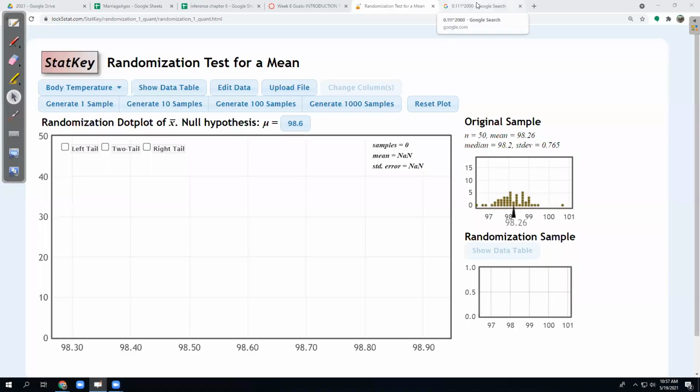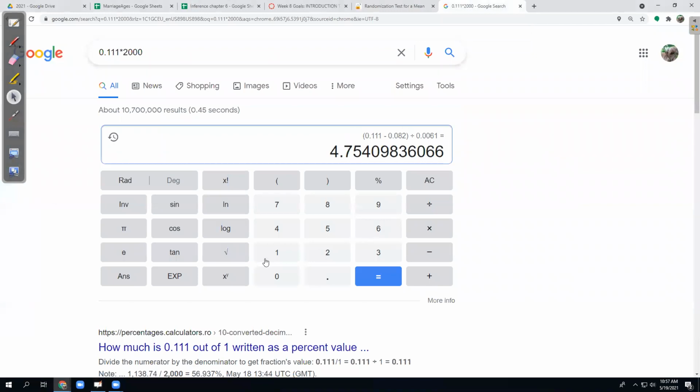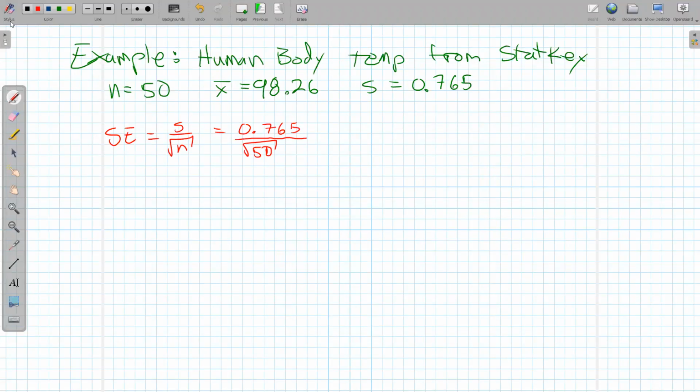That's 0.1082 to four decimal places, which would be the approximate standard error there.